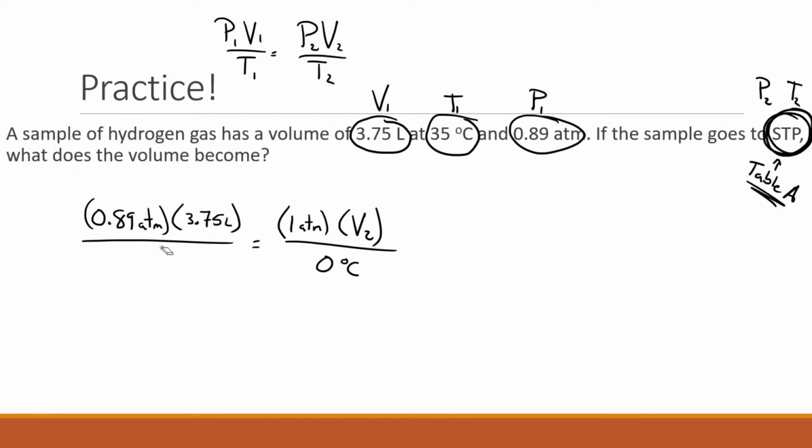We need to replace it with its Kelvin equivalent, which is 308 Kelvin. 0 degrees Celsius, totally fine temperature, love it, but it does not fit into this equation. We need to replace it with its Kelvin equivalent, 273 Kelvin. And now we can appropriately solve.